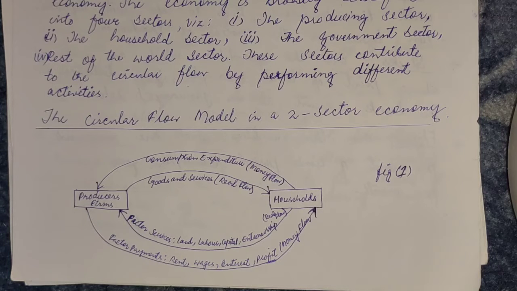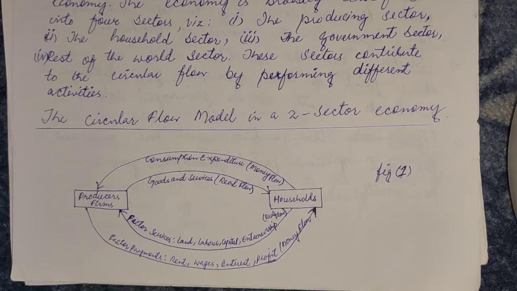Number second, factor payments by firms is equal to factor income of the household sector. Right? Factor payment by firms is equal to factor income of the household sector.